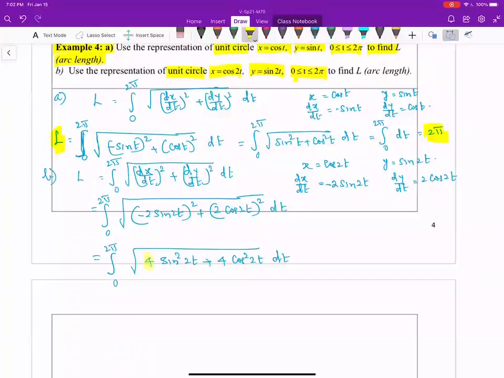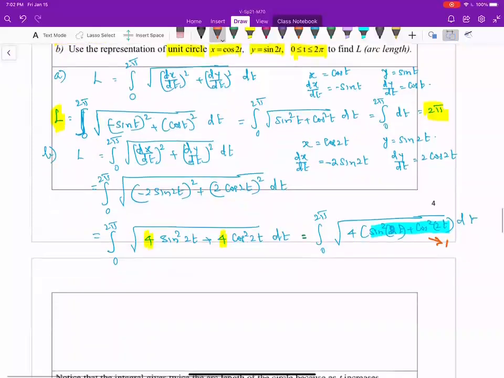You can take 4 out as a common factor: the square root of 4 times (sine square 2t plus cosine square 2t). By the Pythagorean identity, this part is equal to 1.